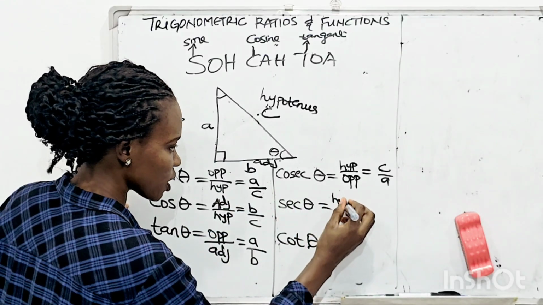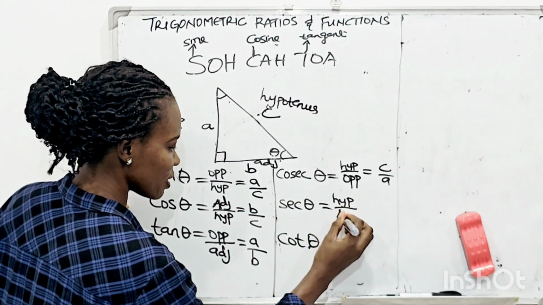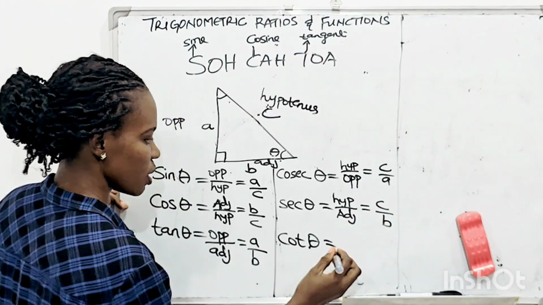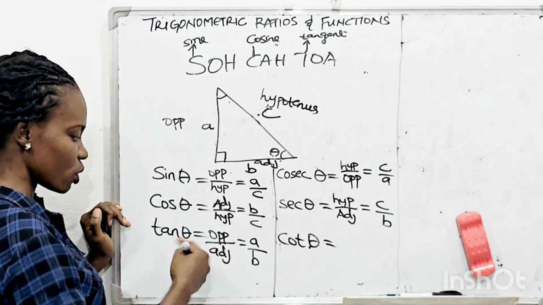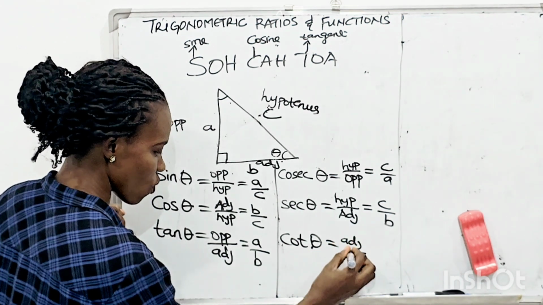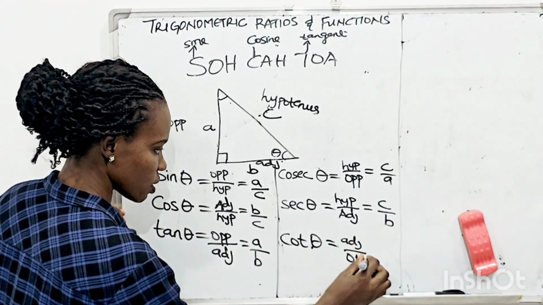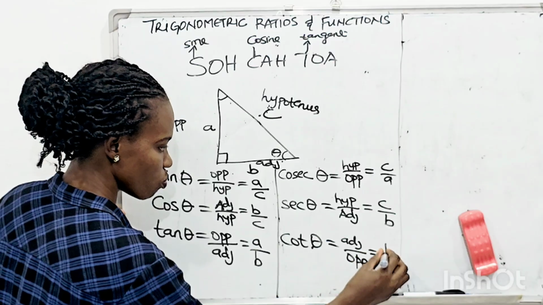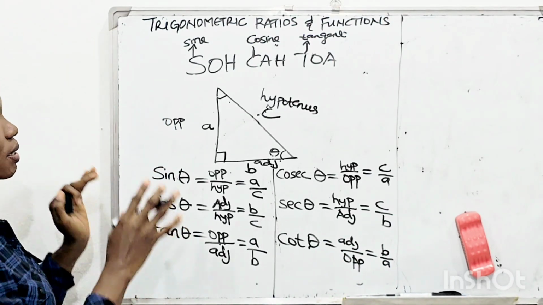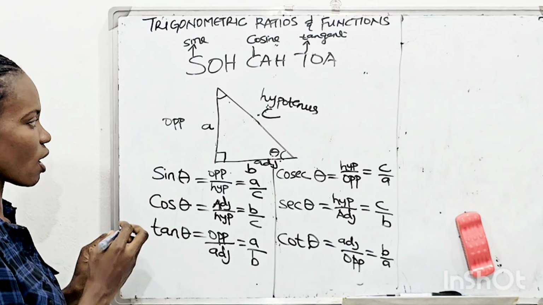So I have hypotenuse over adjacent, which is equal to C over B. So we go to cot theta, reciprocal of this. So I'm going to have adjacent over opposite. So this is equal to B over A. So these are the 6 trigonometric ratios that we have.